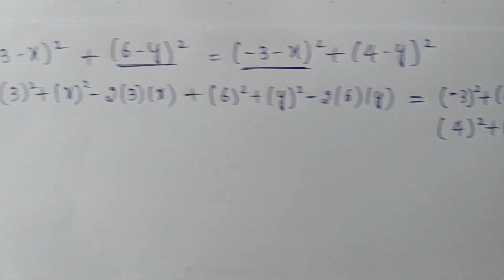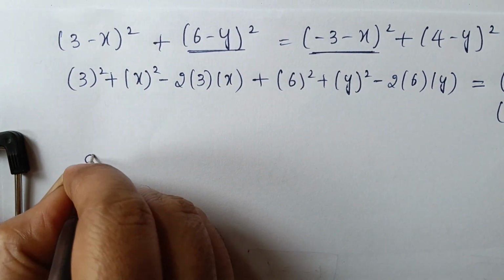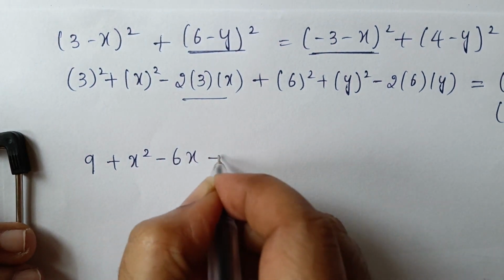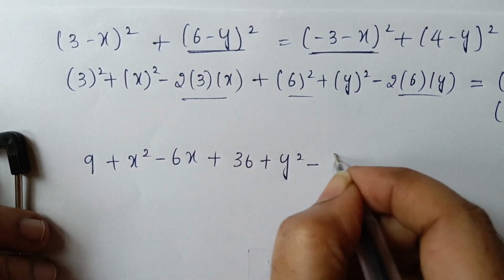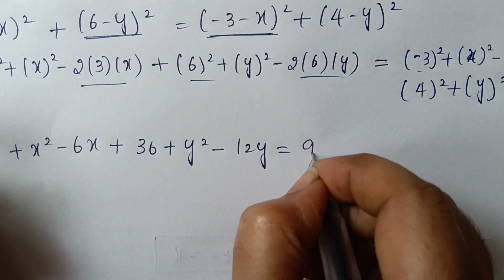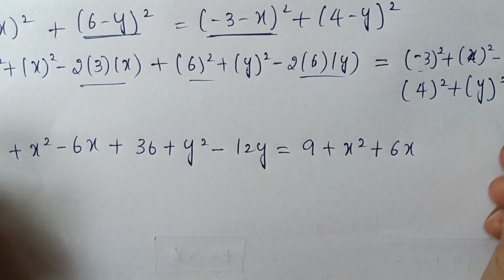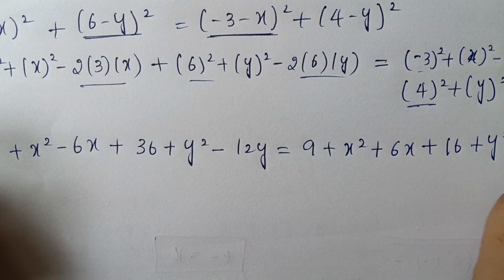Okay, yeah, so we'll simplify. 3 square 9 plus x square minus 6x plus 6 square 36 plus y square minus 12y is equal to 3 square 9 plus x square minus into minus plus 6x, next plus 16 plus y square minus 8y.